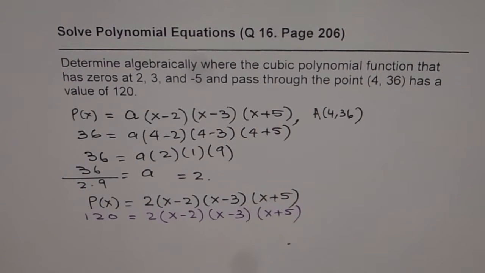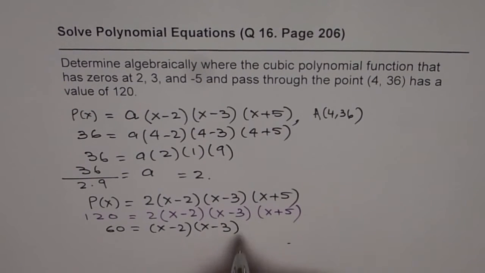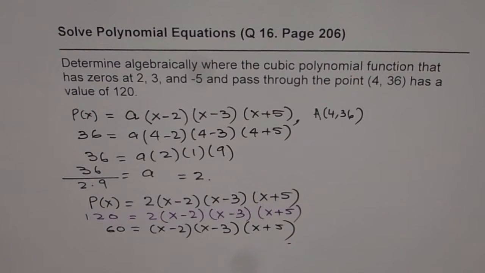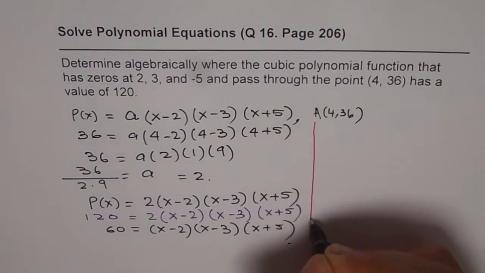To simplify, we can divide by 2. So if I divide by 2, I have 60 equals (x - 2)(x - 3)(x + 5).